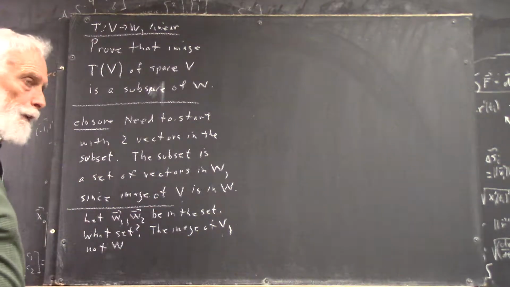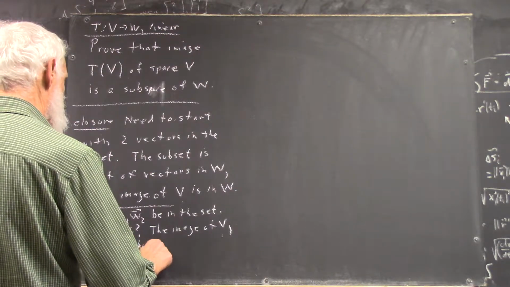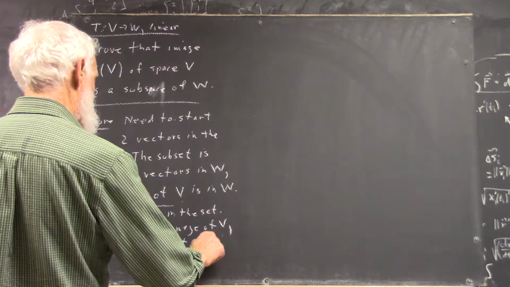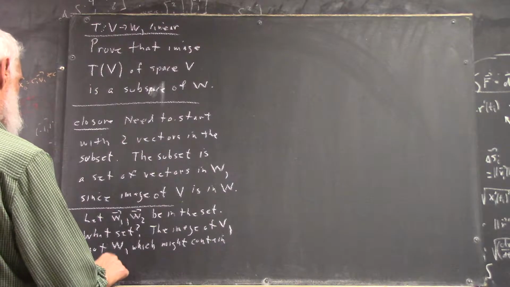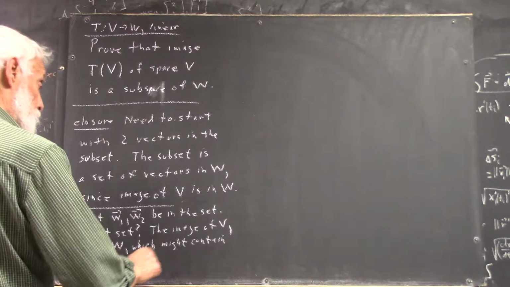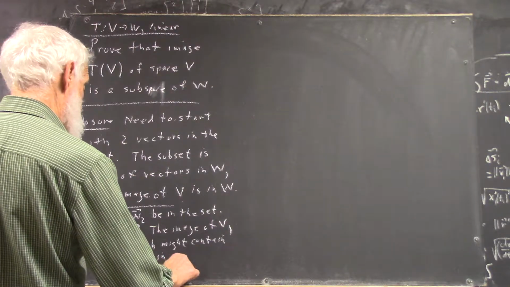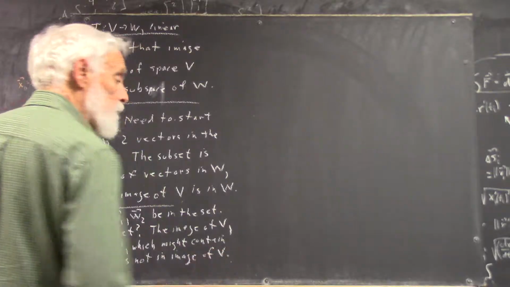See, image of V, not W, which might contain vectors not in the image of V. Okay?